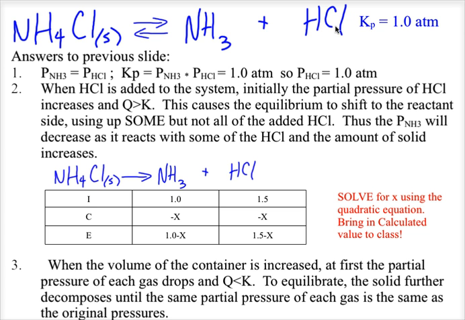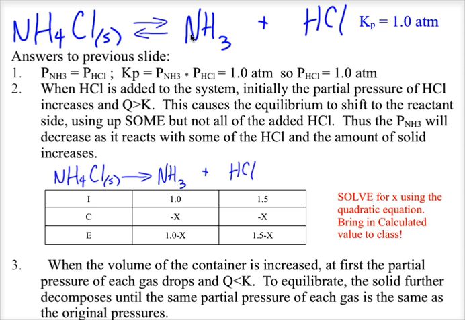And because these two pressures have dropped, the numerical value of Q is less than K at this point. So the pressures of each of these gases would need to increase, and that would occur by more of the ammonium chloride decomposing to form more gases.